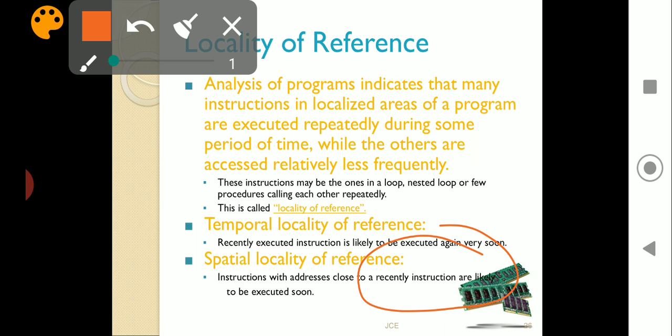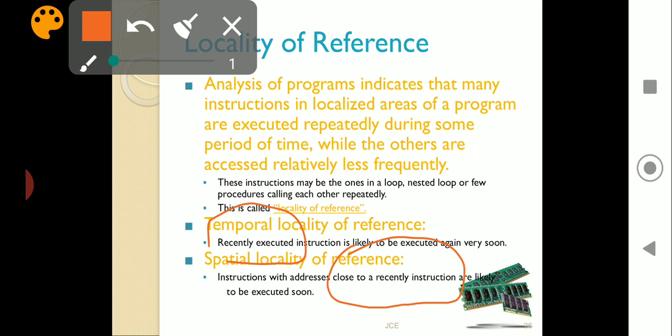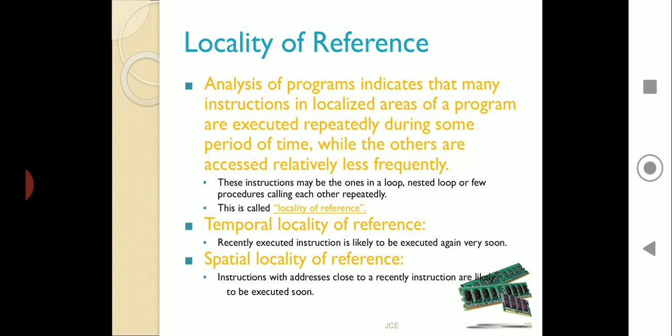But in temporal, the instruction is likely to be executed very soon, meaning only the recently executed instruction would be executed again. Here, in spatial, it is those close to the recently executed instruction. I hope you have got the difference between temporal and spatial. So this is regarding temporal and spatial.